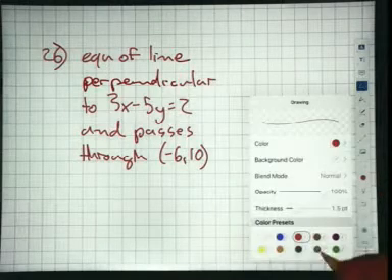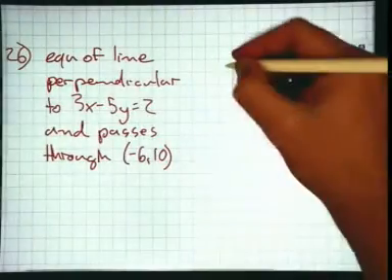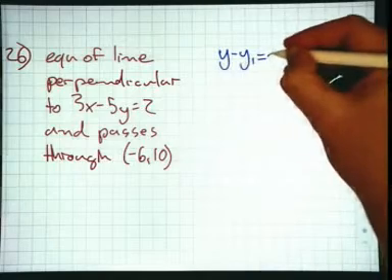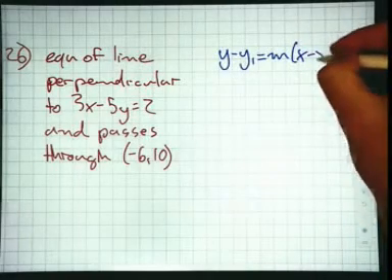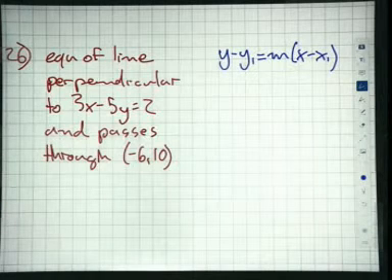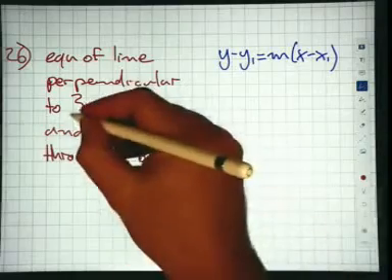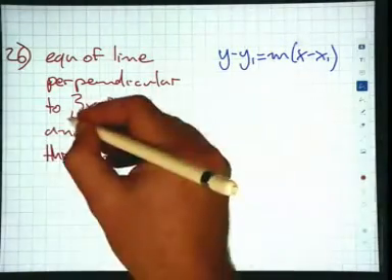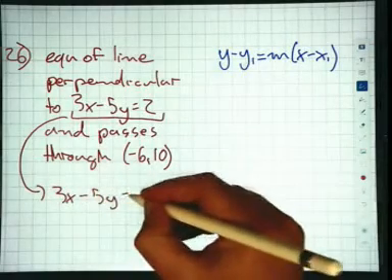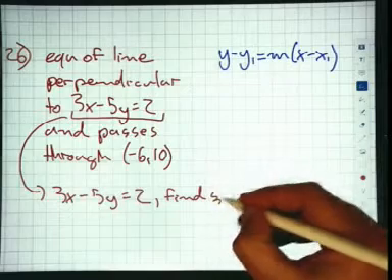Alright, so same thought process. We want to plug things into this point slope equation. That equation right there. So the first thing that I'm going to consider doing is I'm going to take a look at this equation, and I'm going to find its slope.